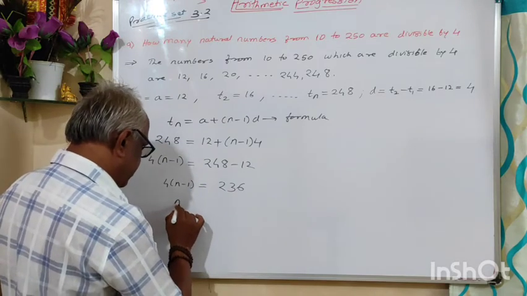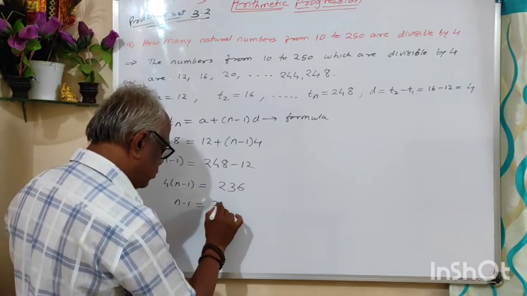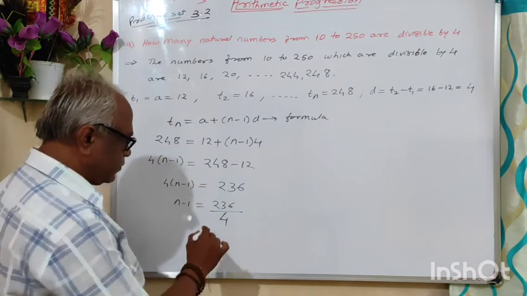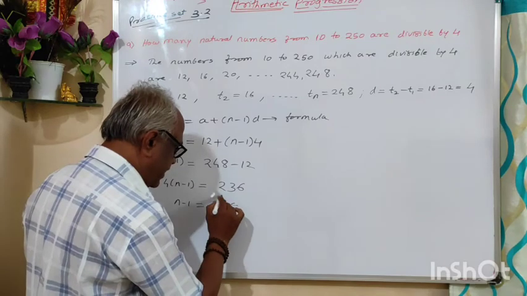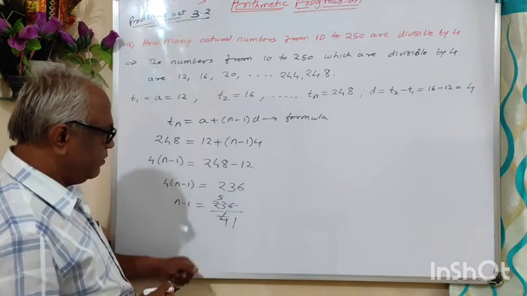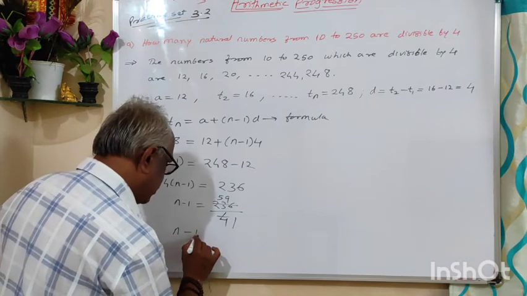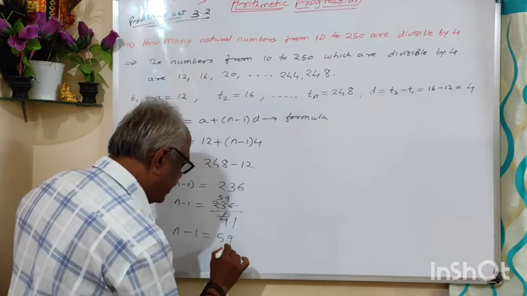So n minus 1 is equal to 236 divided by 4. 4 1s are 4, 4 5s are 20, 3 remain, 4 9s are 36. So n minus 1 is equal to 59.